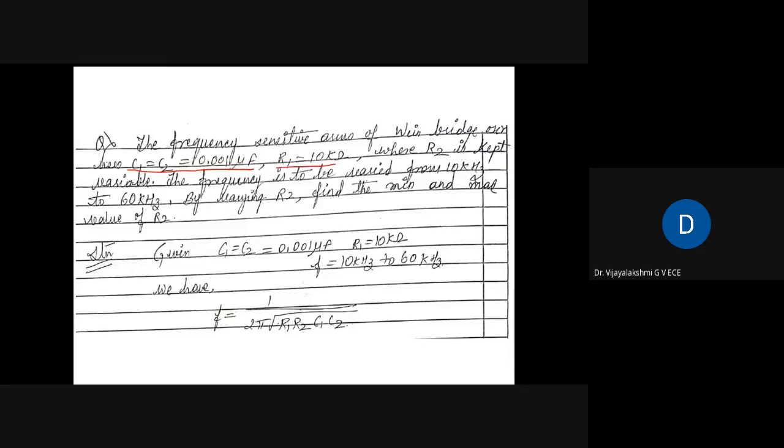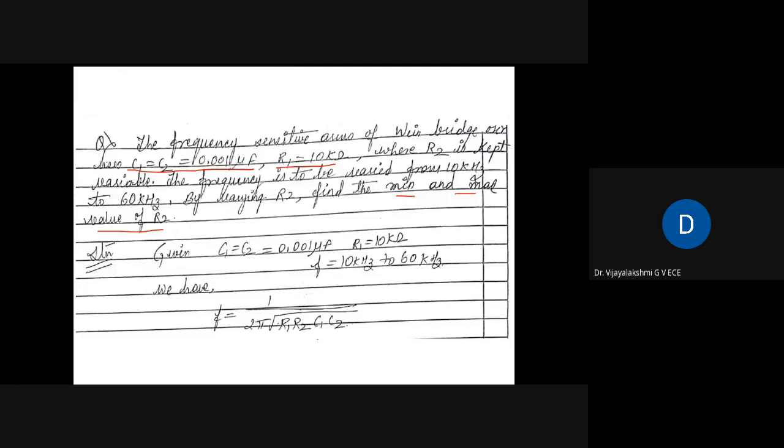The frequency is to be varied from 10 kilohertz to 60 kilohertz by varying R2. Find the minimum and maximum value of R2. So C1, C2 and R1 are given, and f varies from 10 kilohertz to 60 kilohertz. For this, you have to find R2.